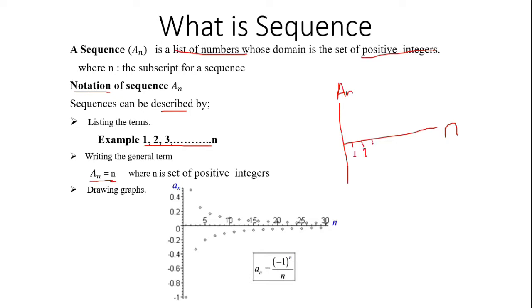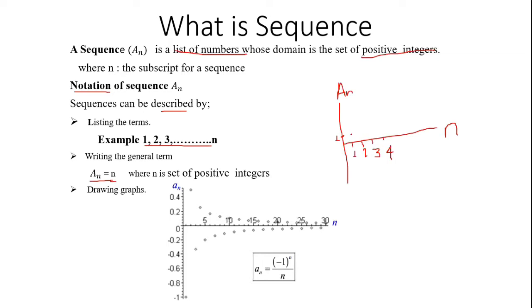As I told you, n must be what? A positive integer. That means 1, 2, 3, 4 and so on. If we substitute 1 here, we obtain 1. So if I put 1 here for an, it is 1, so I can point here.